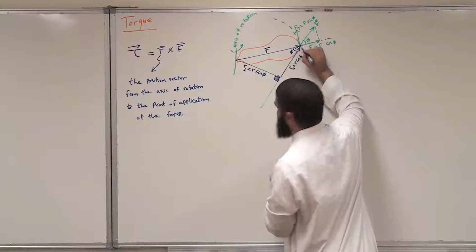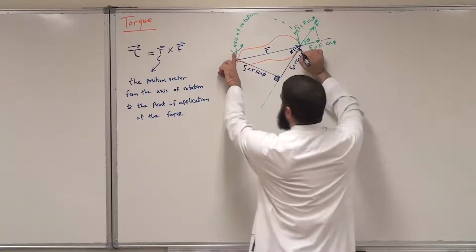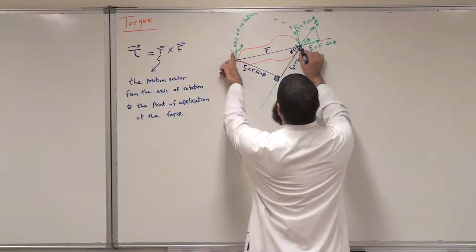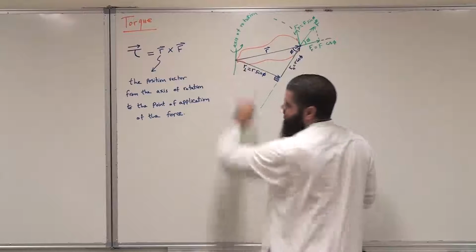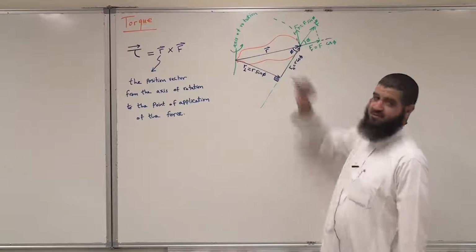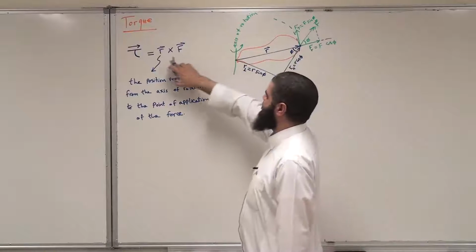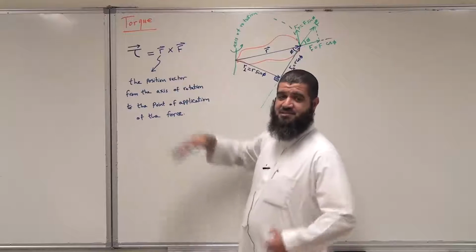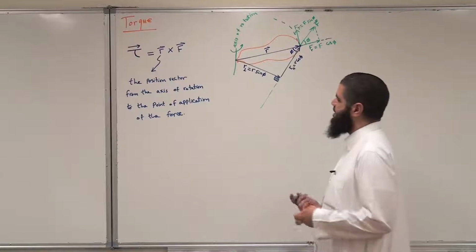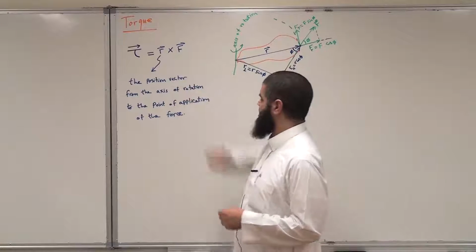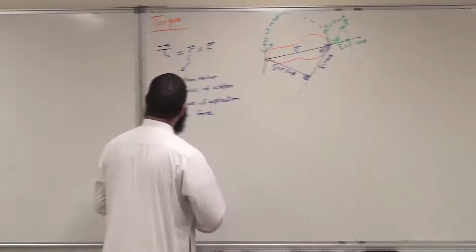From the axis of rotation to the point of application of the force, we draw the position vector. So this is the position vector r, and this is the force. So we need to make the cross product, and we have studied the cross product thoroughly earlier in this course. So this torque is a vector quantity, as you can see.